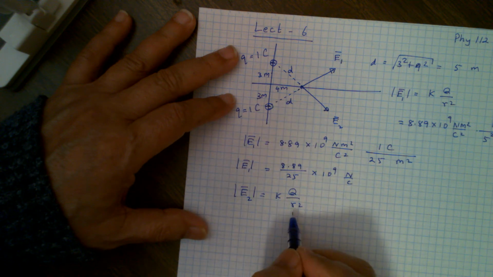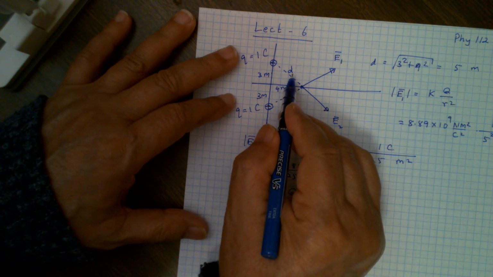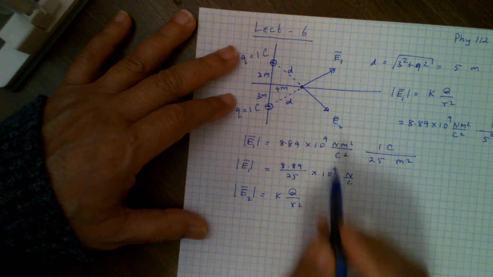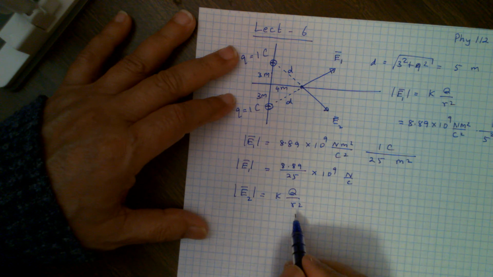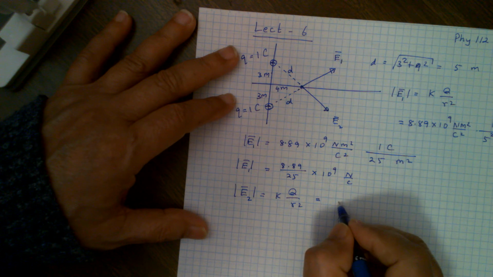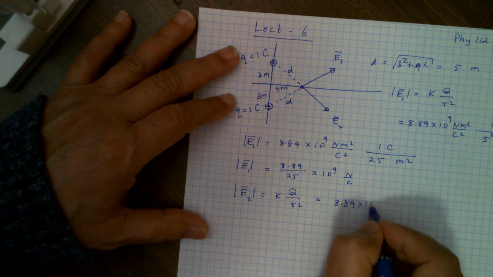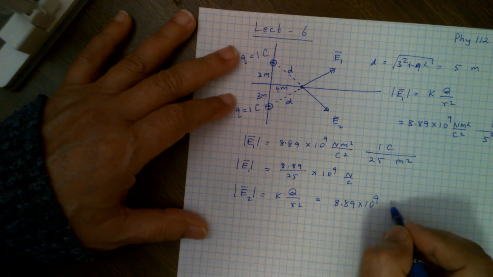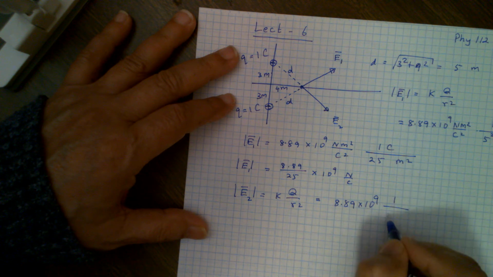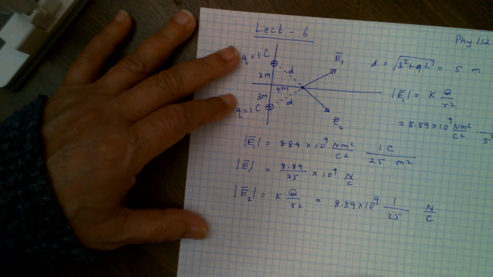R is still 5, so this distance D is 5, this distance D is 5, so the distance R is 5, and K is 8.89 times 10 to the power 9, and Q is 1 Coulomb, divided by 25 meters squared. The answer is Newton per Coulomb, right?